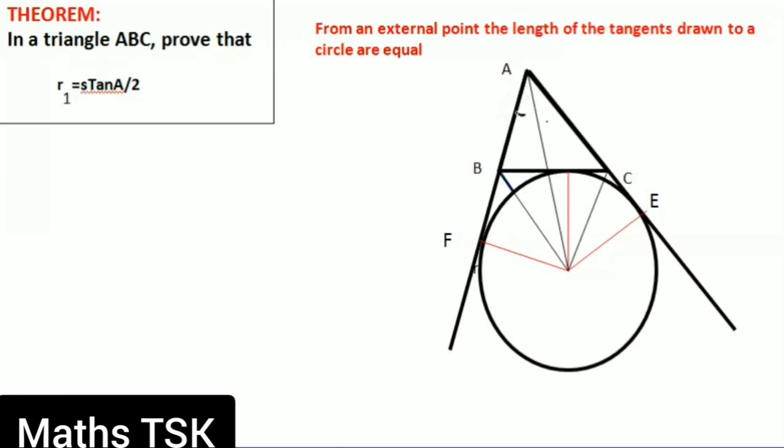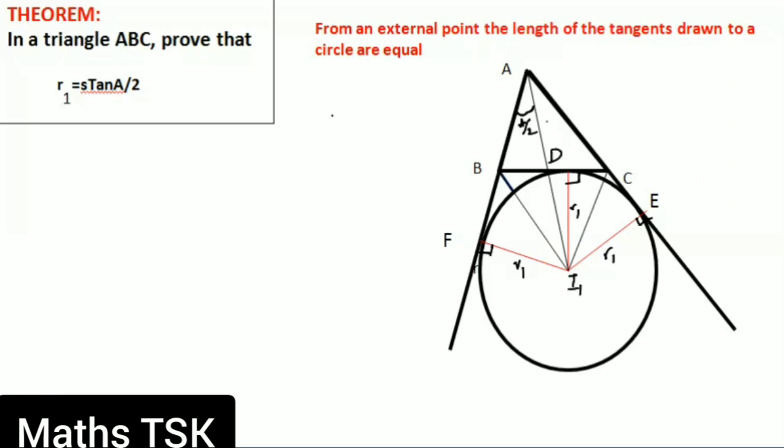Here we will have A by 2. This is a perpendicular, from I1. Here it will be R1, R1, R1, perpendiculars. Here it will be D. Now, from an external point, the lengths of the tangents drawn to a circle are equal.